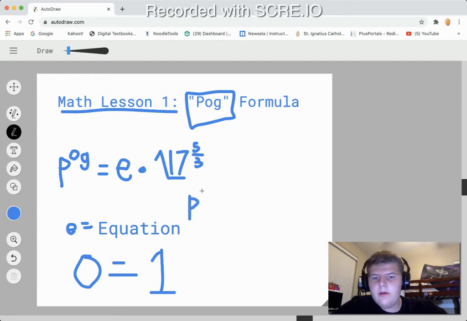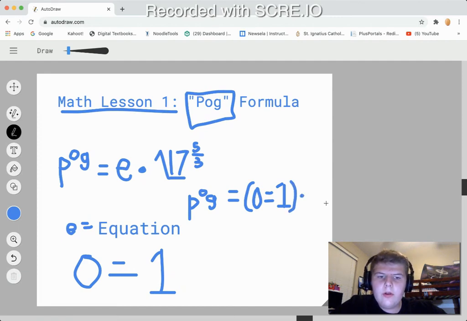We have P to the 0 subscript G is equal to, let's put this in parentheses, 0 is equal to 1. So you have the quantity of 0 equals 1 times the antiroot of 17 to the 3/5.